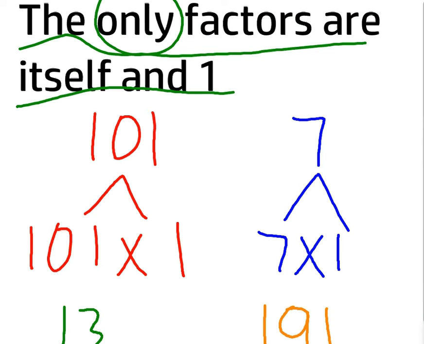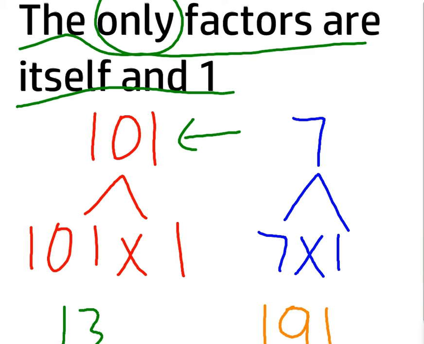I mean, if I just sounded off a number, say 3,443, for me even, I can't really look at that number and necessarily know without really testing a bunch of numbers to see if it goes into it. But for smaller numbers, especially if you know your times tables, we should be able to figure it out. For example, 101. You can try some stuff out, like 11 looks like it might go into it, right?